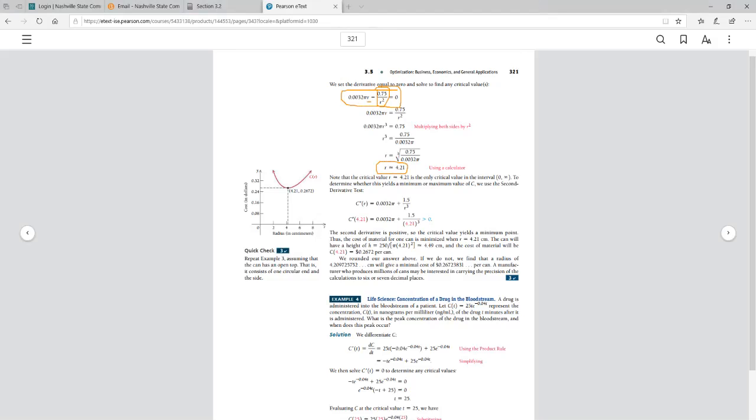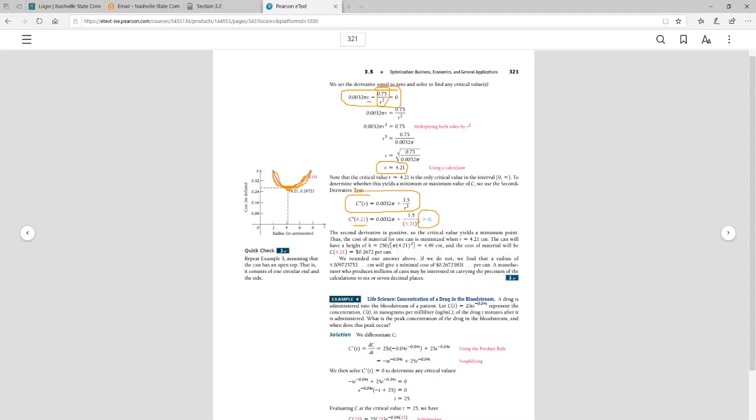And if you take the second derivative, this is the second derivative equation. If you plug that 4.21 into it, you see that the result is positive, which means it's concave up, and we can see on the graph that it is concave up. In fact, that second principle that we talked about would say that that being the only critical value, not only is it positive and concave up, but that makes it an absolute minimum.